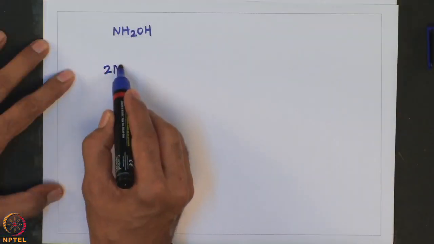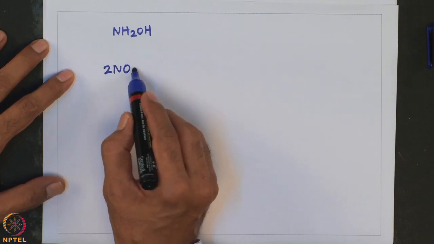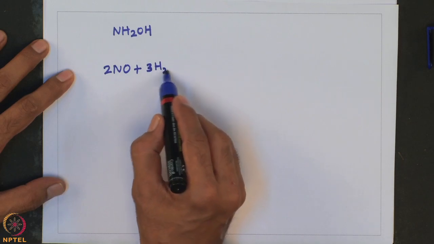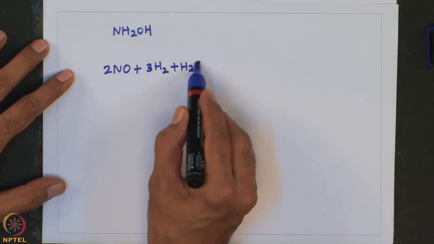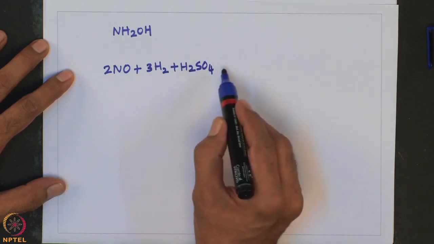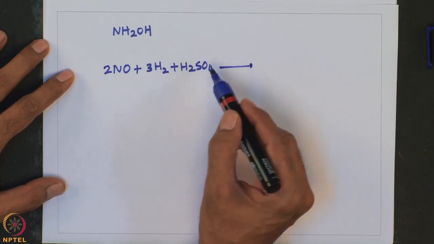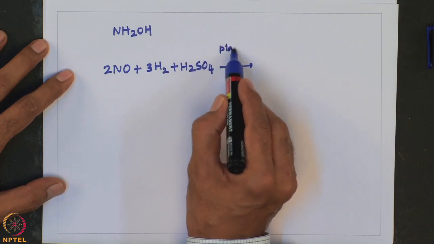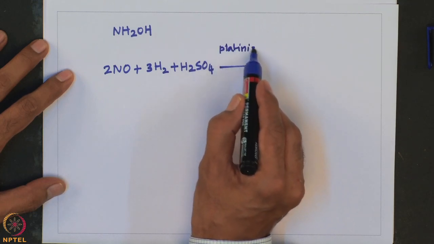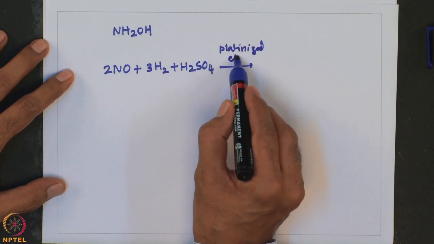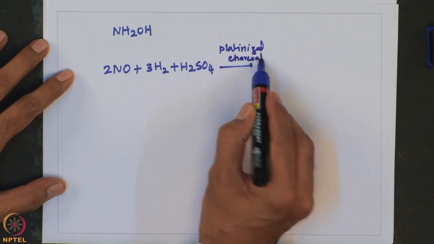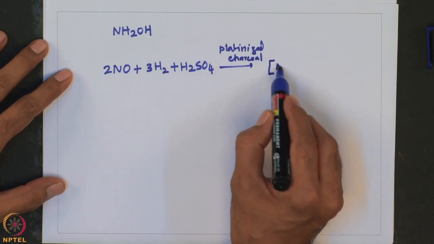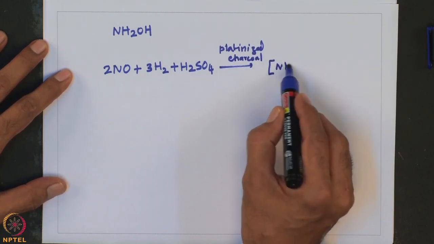So, NO on treatment with hydrogen gas in presence of sulfuric acid, with platinized charcoal used as a catalyst, forms the sulfate salt.